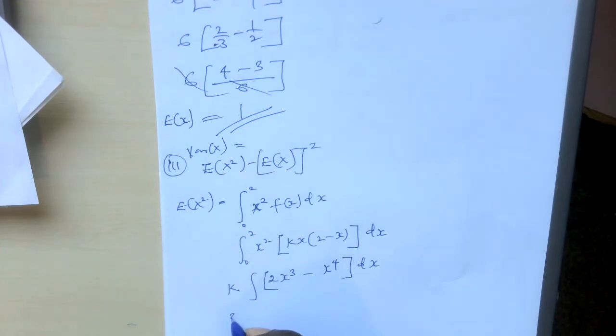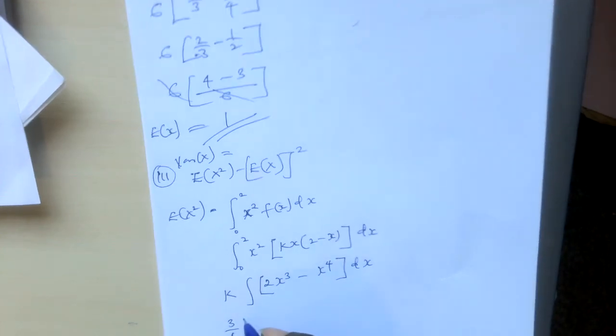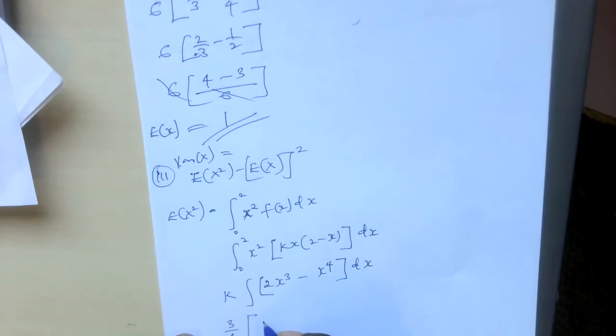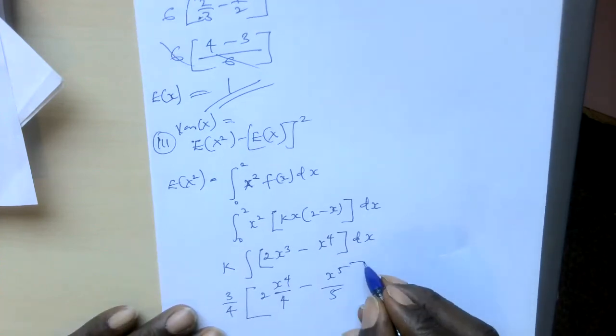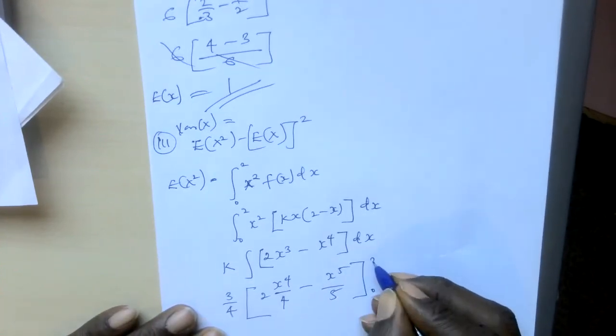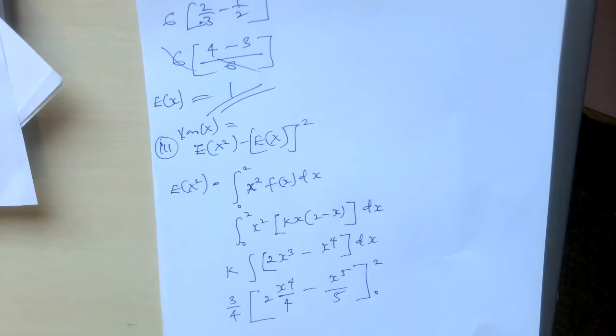So we know our k is 3 over 4. If you integrate this, this gives us 2x to the 4 over 4, minus x to the 5 over 5, from 0 to 2.